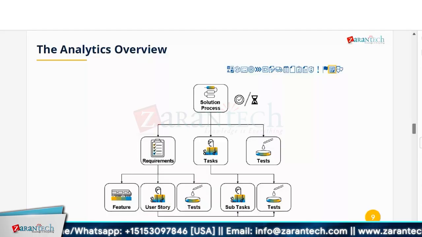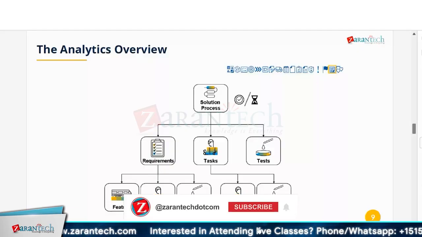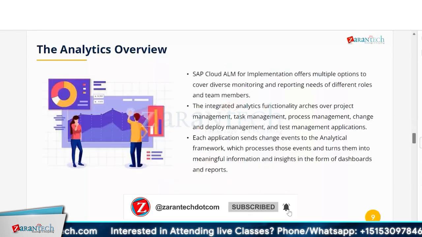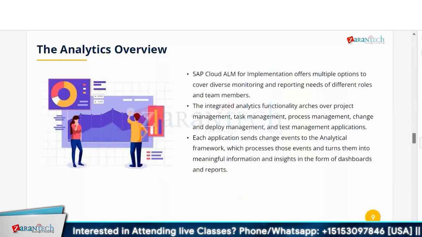So I think in a way, the business process is the bed, or the foundation, on which your project is going to run, or which you are going to support. So it gives you that overview from a solution process perspective: you can see what the requirements are, what the tasks are, what the tests are, and then drill down to the next level. It gives multiple options for monitoring the progress of your project and your test cycle, whether for the realize phase, the explore phase, deployment, or your hypercare or run.